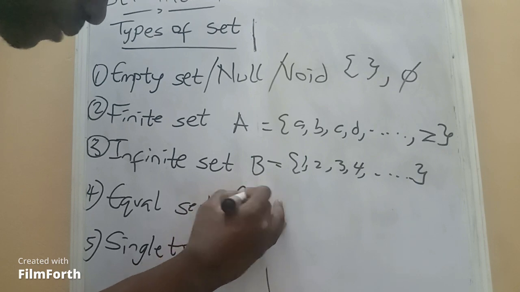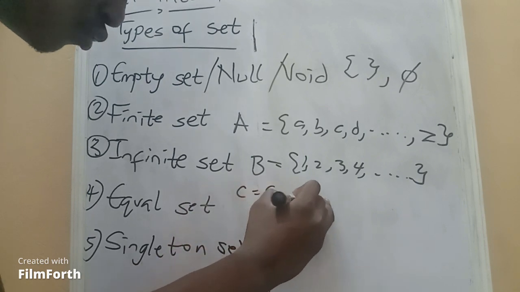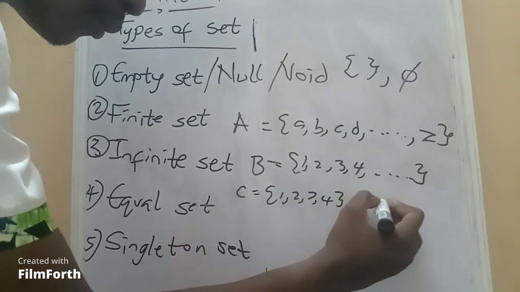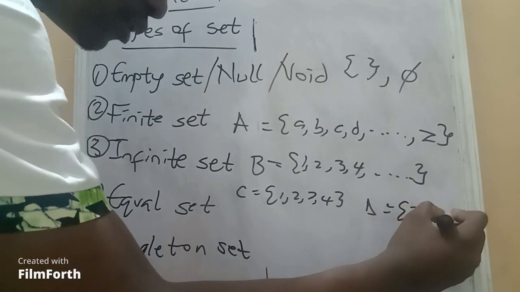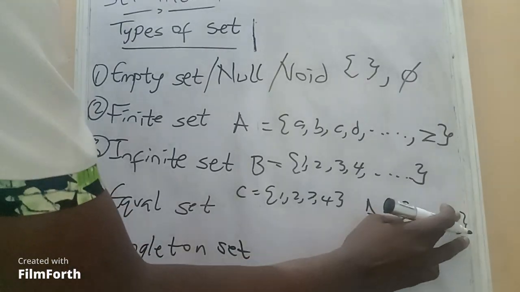Let's take, for example, set C having 1, 2, 3, and 4, while set D has 2, 3, 1, and 4.